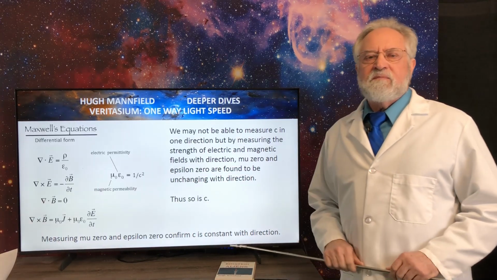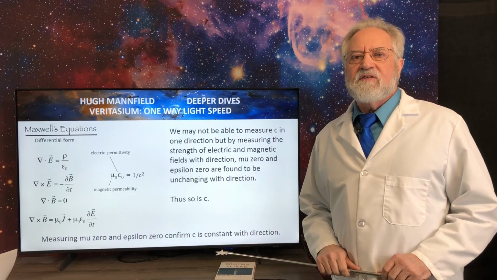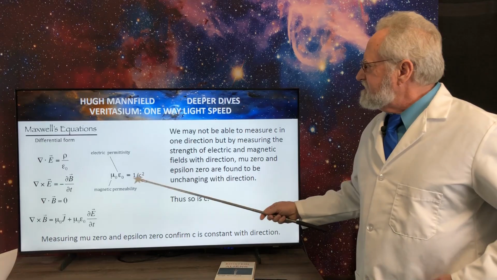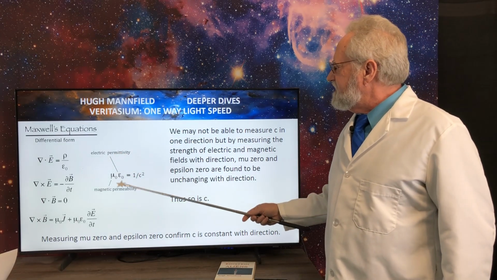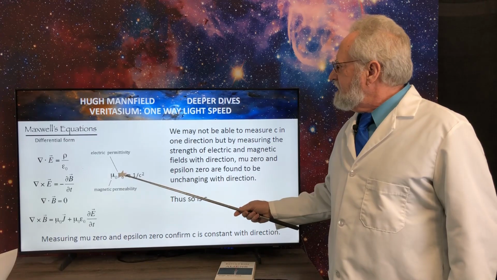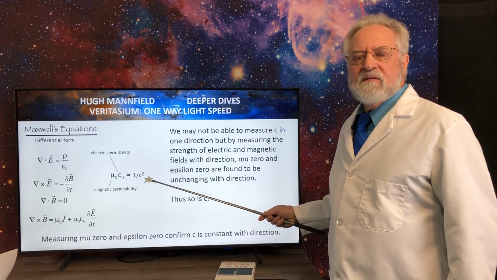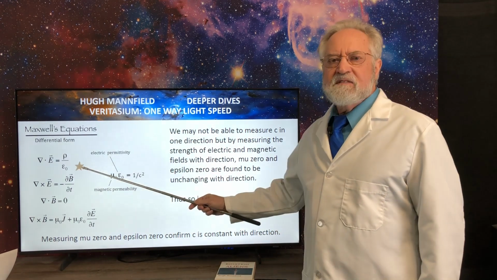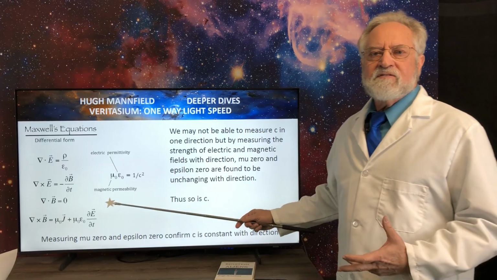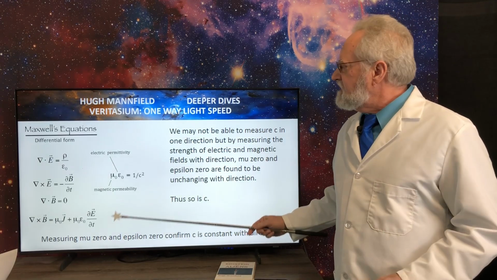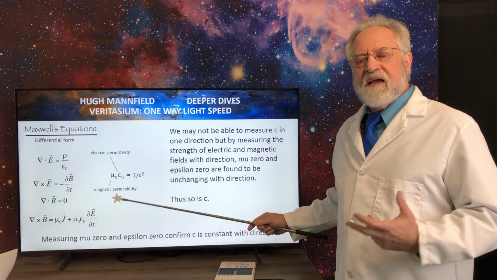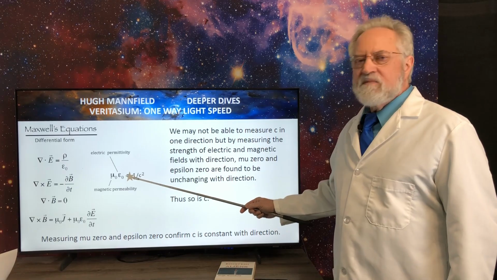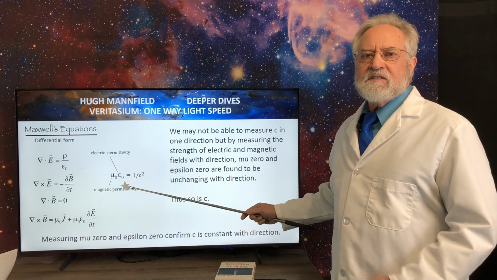And that brings us to Maxwell's equations, something Einstein could have known about. What Maxwell discovered as he looked through his equations is that these two properties of spacetime, the electric permittivity and the magnetic permeability, their product is equal to 1 over the speed of light squared. And these quantities can be measured in electrostatic fields and magnetic fields. And what it would mean if light traveled at different speeds in different directions is that these properties of spacetime would also have to vary with direction.